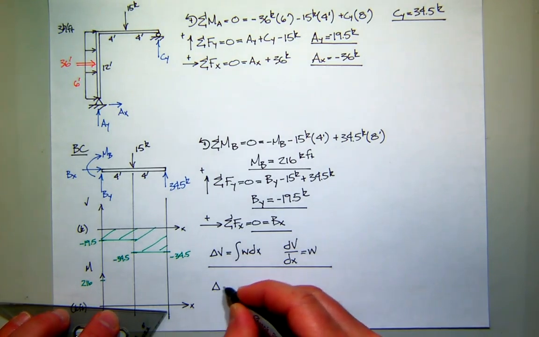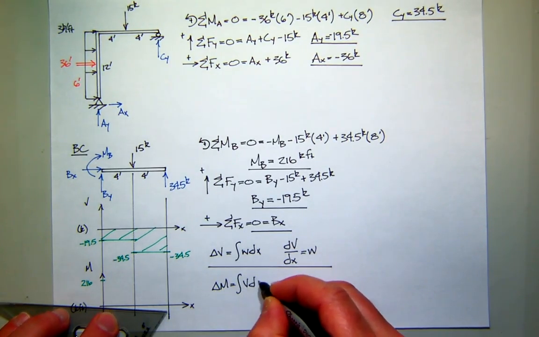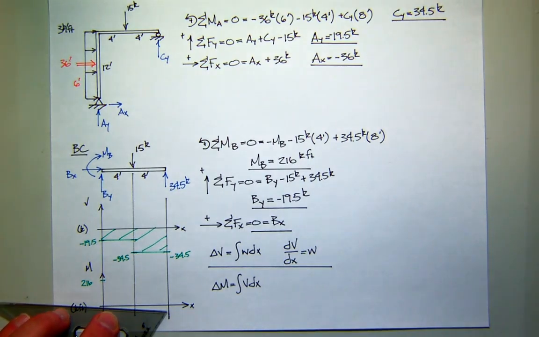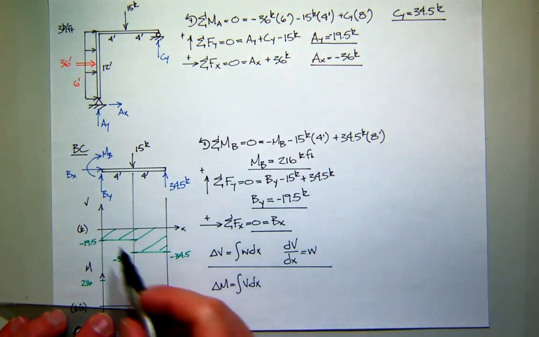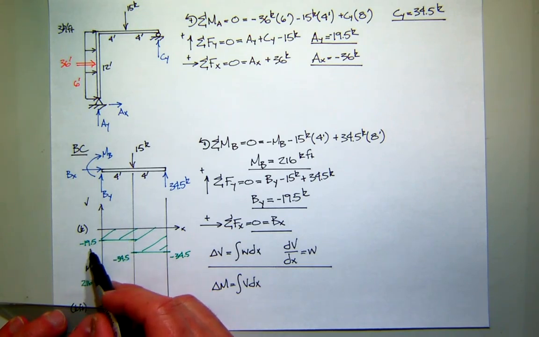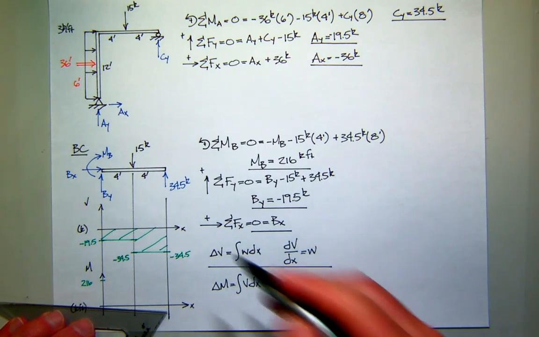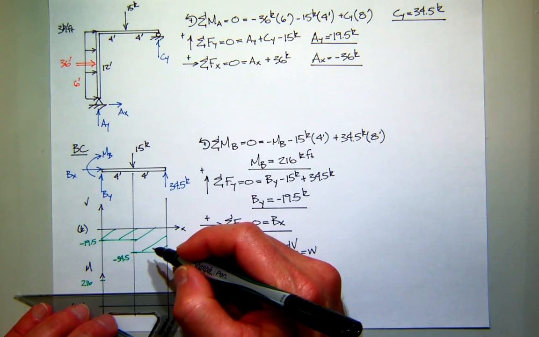The change in moment is the area under the shear diagram, right? So what's the area of the shear diagram for the first 4 feet? 4 times 19.5. What's that? 78. So what's 216 minus 78? 138.